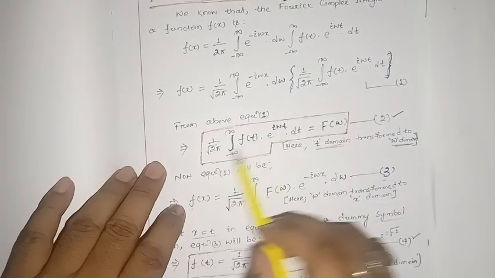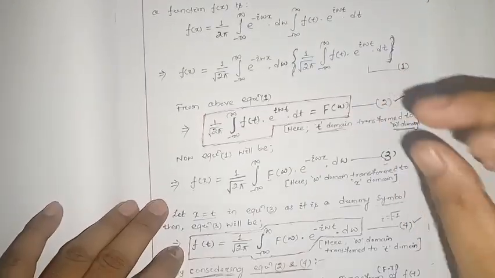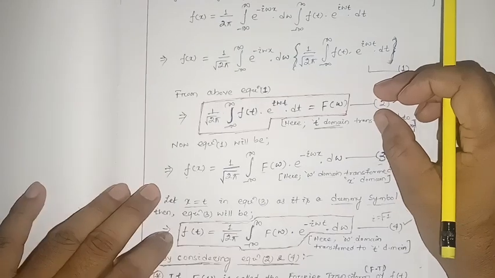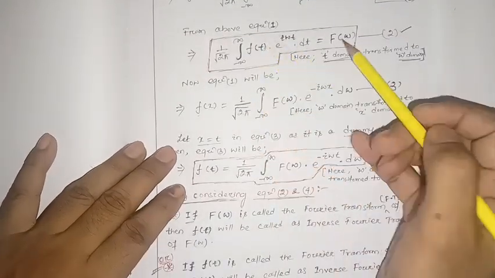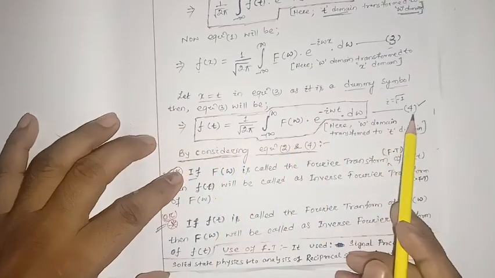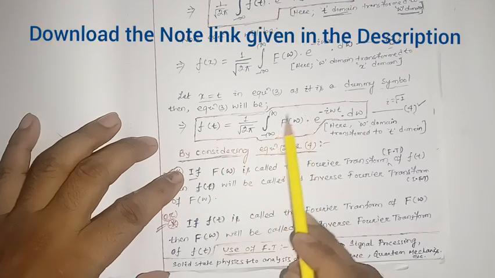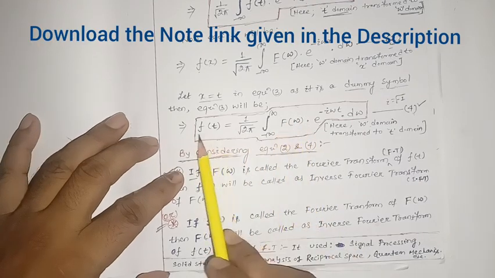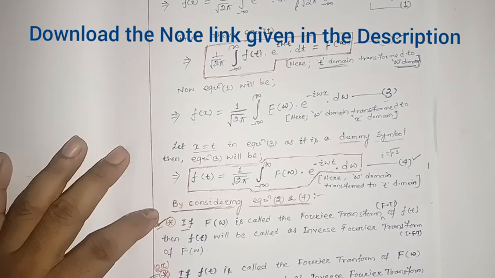This is called the Fourier transform of this function. I suggest that you just remember equation number 2, which is called the Fourier transform of small f of t, and its corresponding inverse Fourier transform is equation number 4. That means the inverse Fourier transform of capital F of omega is f of t. Okay, you just remember these two equations.